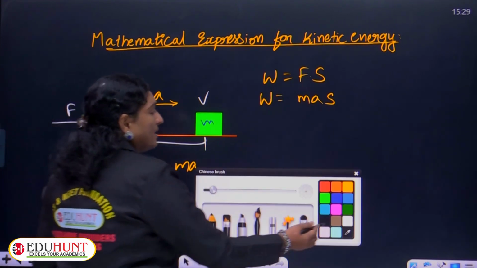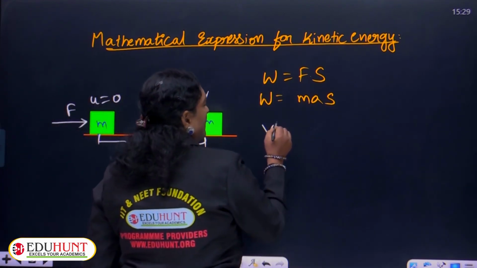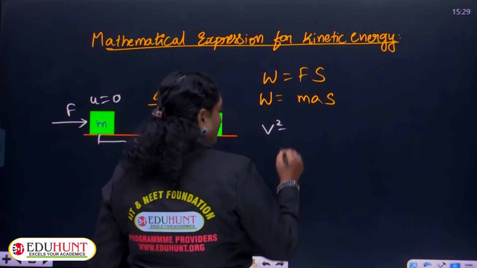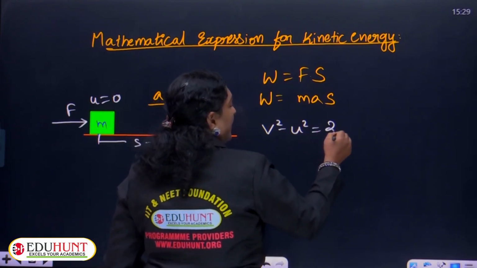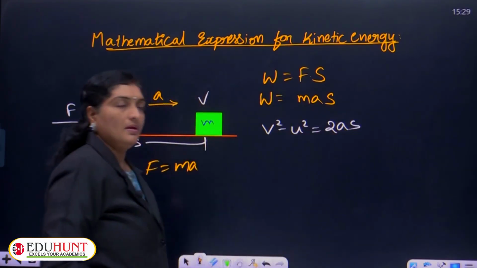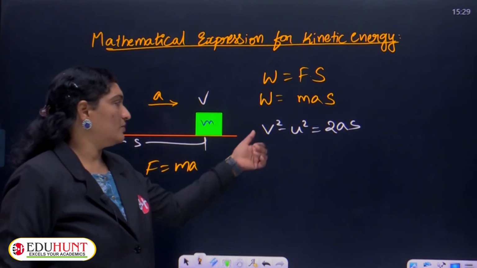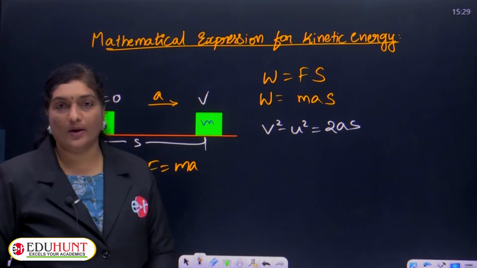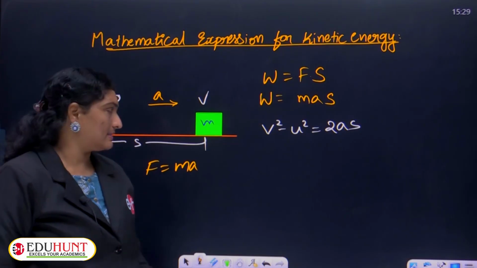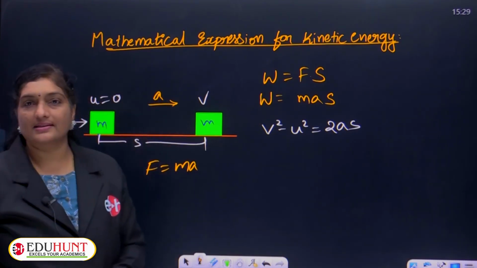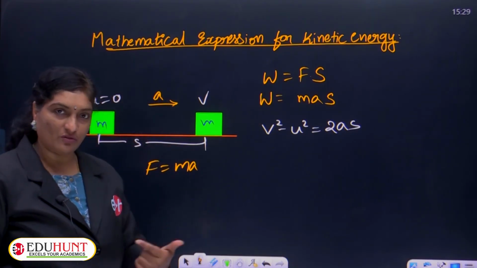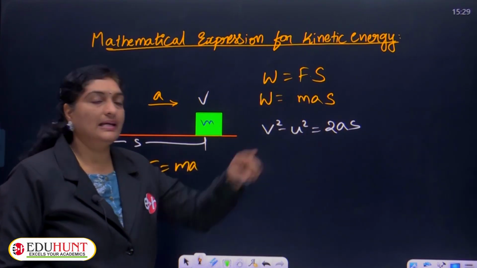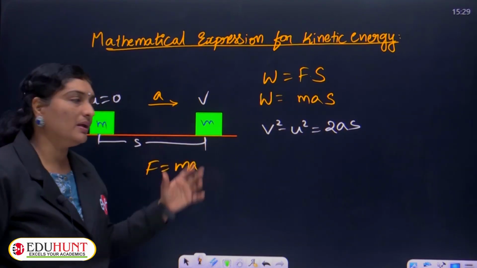Now from the basic kinematic equations of Newton, from the third equation, we have v square minus u square equals 2as. But nowhere is the value of acceleration given, so let us find out how much acceleration is produced in the body from the given data.